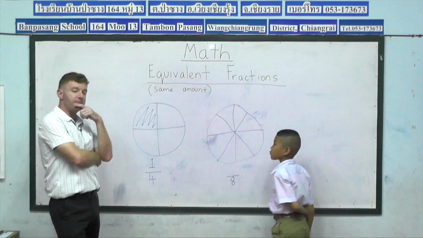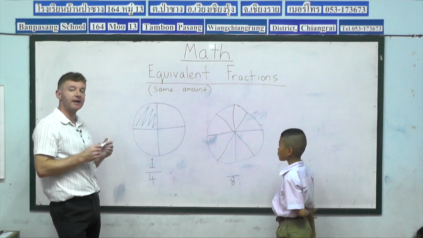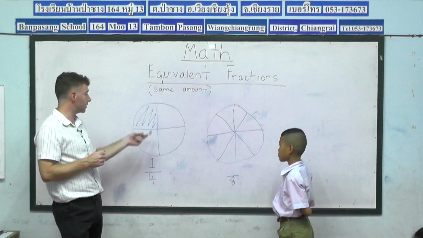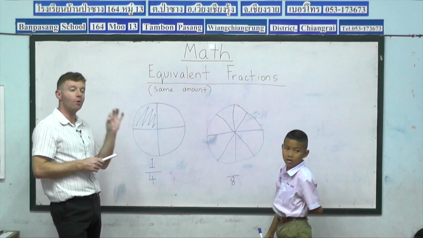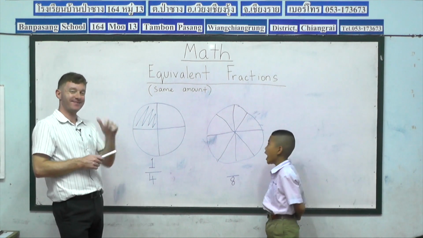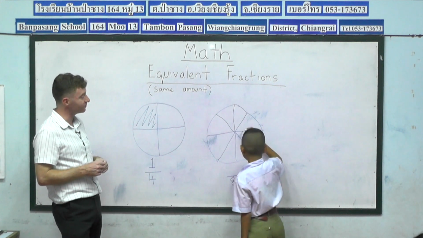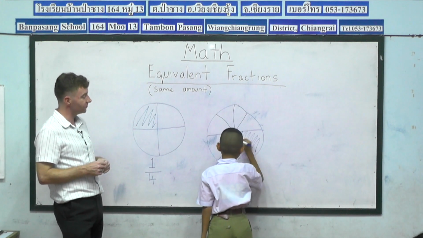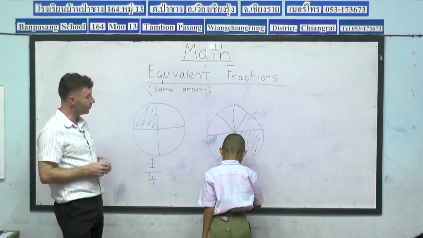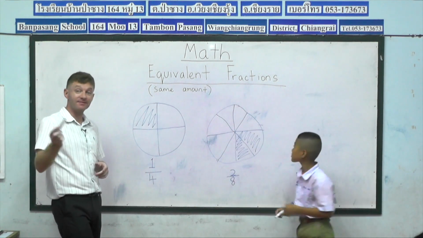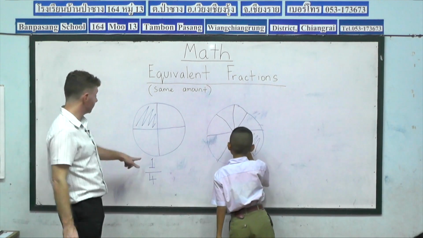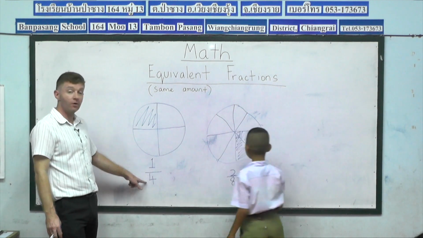So who can tell me how many parts of our second circle needs to show the equivalent fraction of 1 over 4? Correct. So we can colour 2 parts into this fraction. 1, 2. 2 over 8. Excellent. So together we can say 1 over 4.